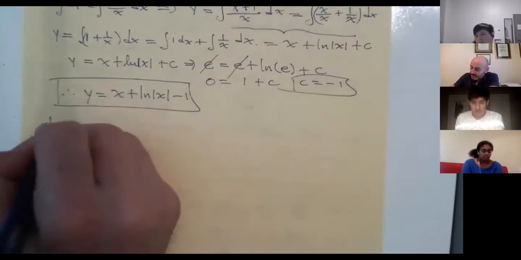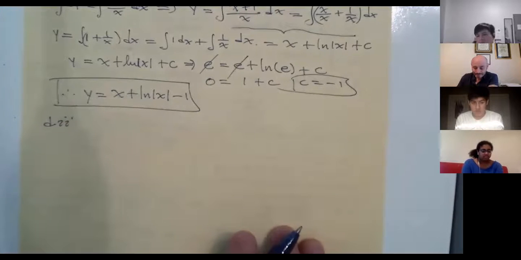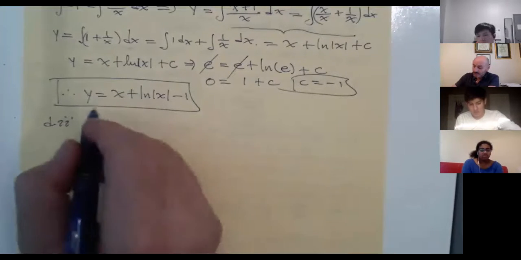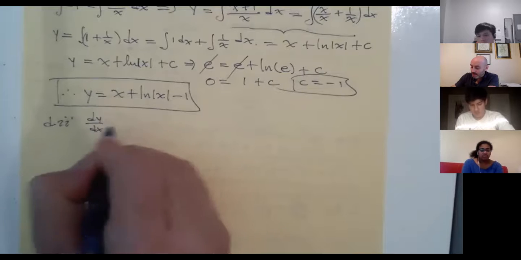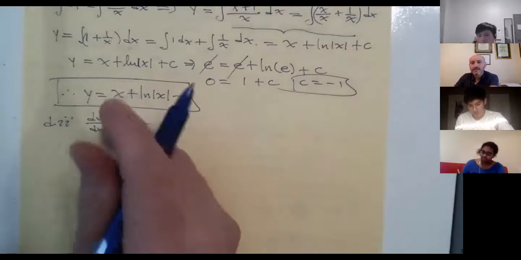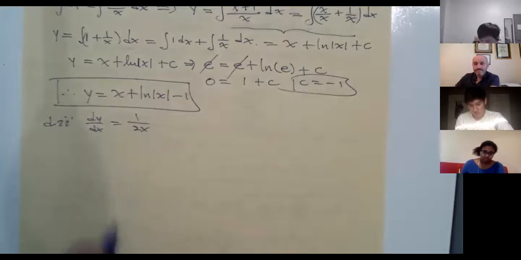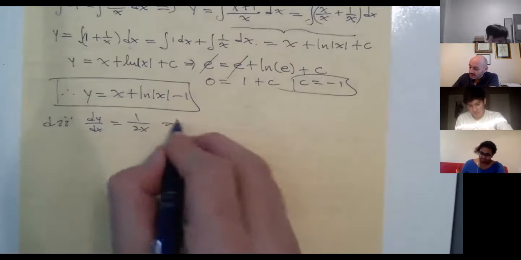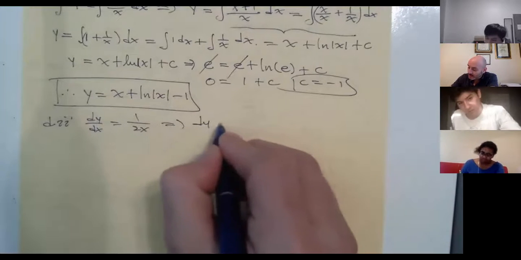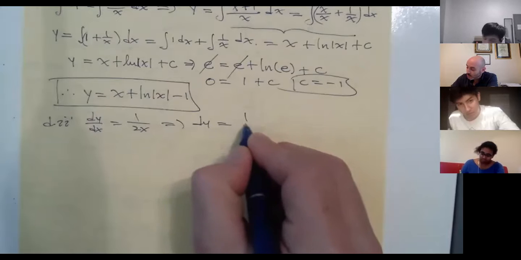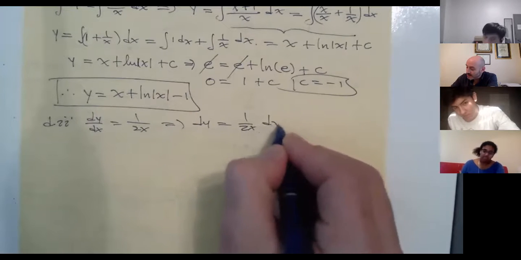All right, next one. It says dy dx is 1 over 2x, okay? Really quick, dy is equal to 1 over 2x dx.